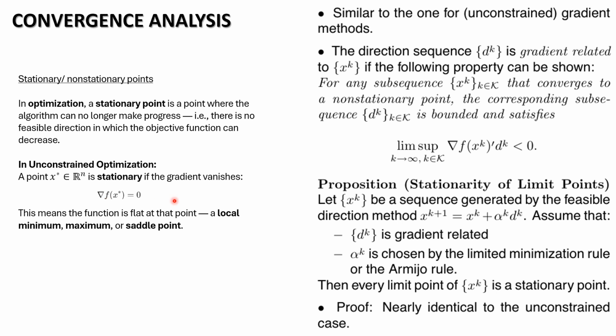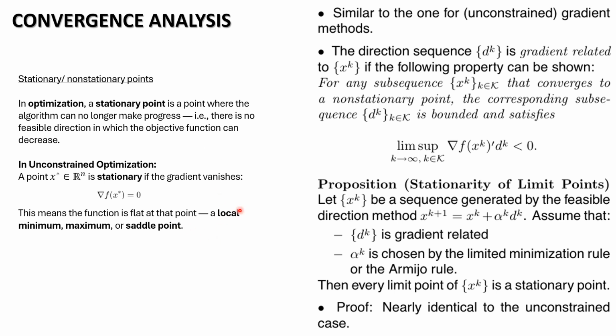Going back to my students, I'd like to remind them about stationary and non-stationary points. In optimization, a stationary point is a point where the algorithm can no longer make progress. That is, there is no feasible direction in which the objective function can decrease, or increase if we are finding a maximum of the function, not a minimum.